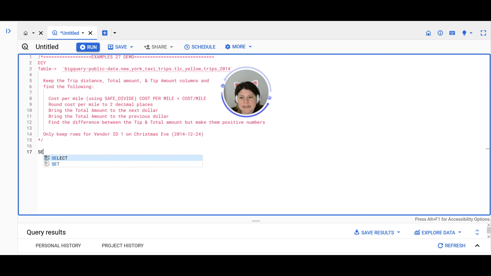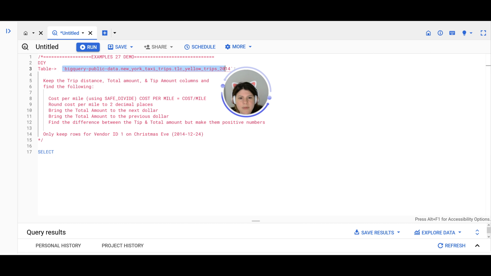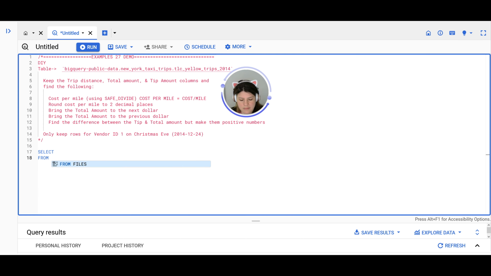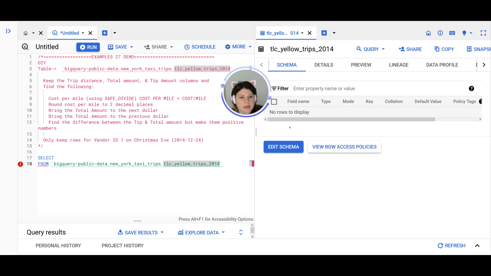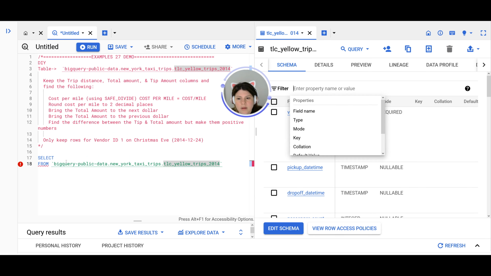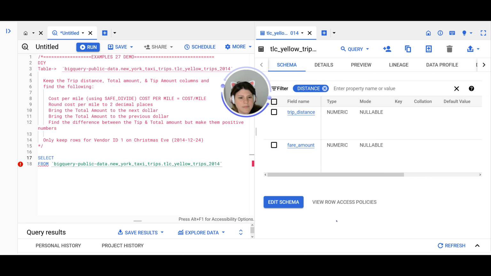So we're going to do select from our taxi cab data. And like always, I forget what all of these columns are called. So let's keep trip distance. So let's look at distance in our filter. Trip distance, perfect.